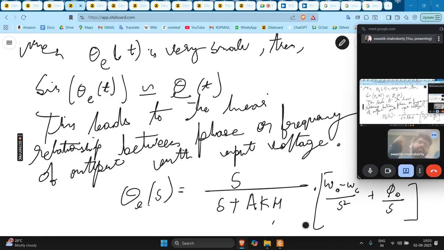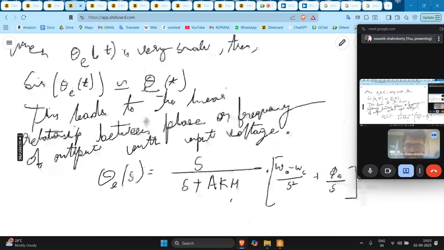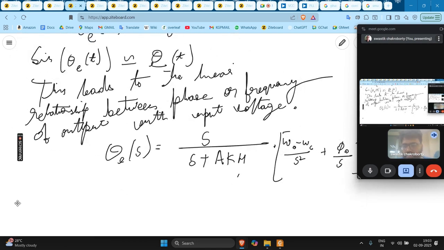This is the s domain representation. Now we have to find the steady state value. So we will use the final value theorem, that is, the limit as t tends to infinity of theta e(t) is the same as the limit as s tends to zero of s times theta e(s).